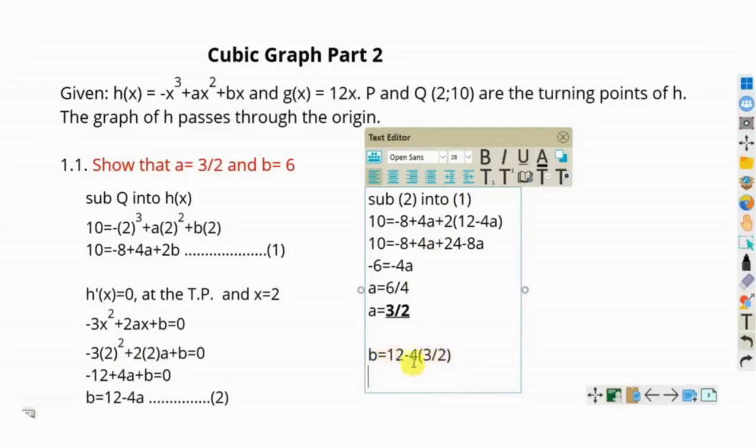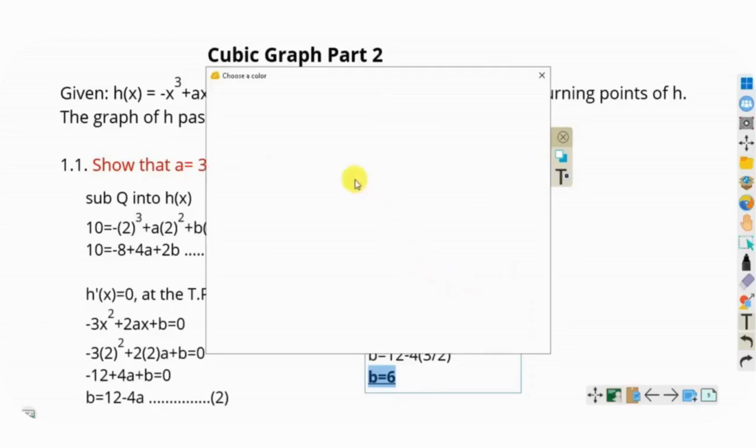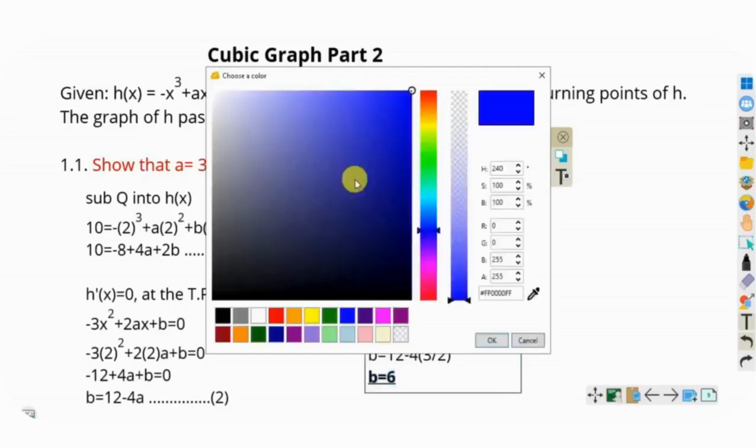Therefore, b equals to 6. Okay. So we have the values for a and for b. So we have shown what they asked us to show.